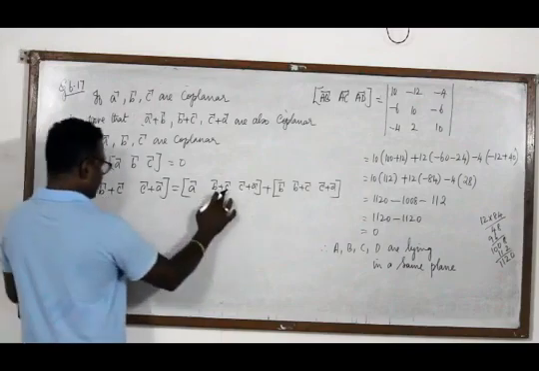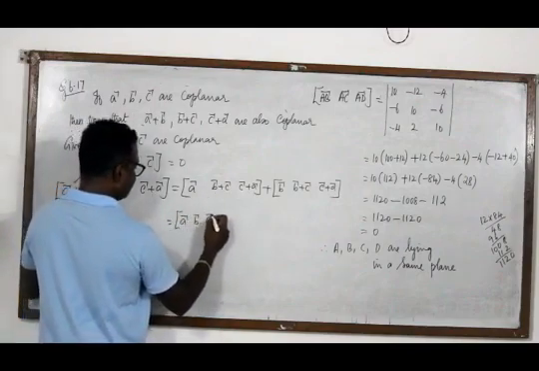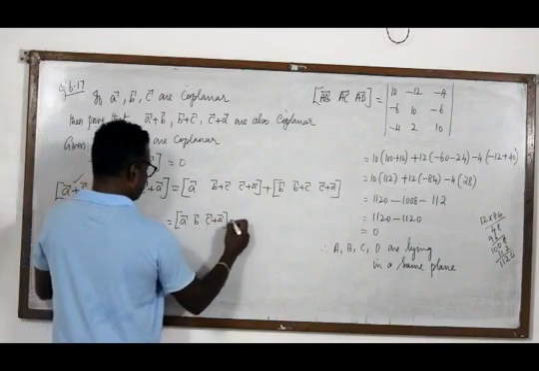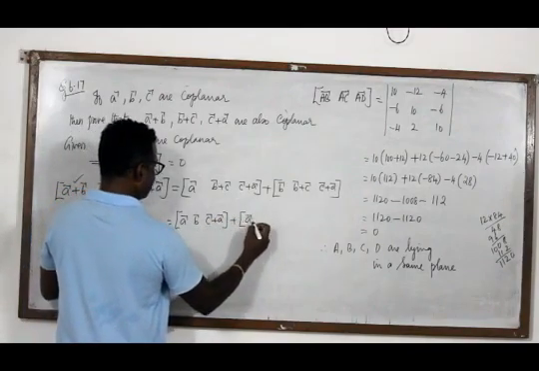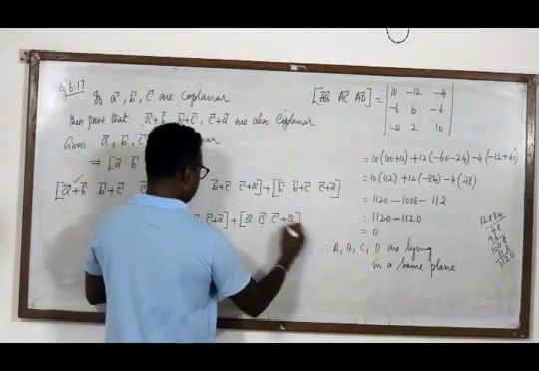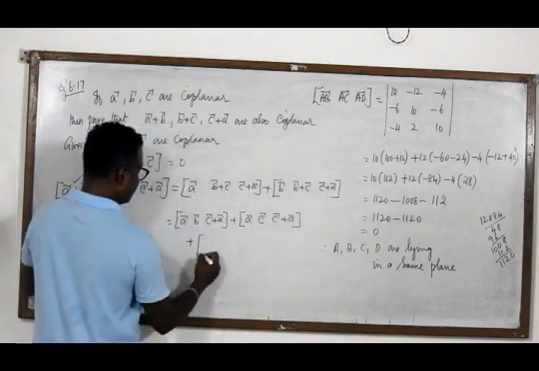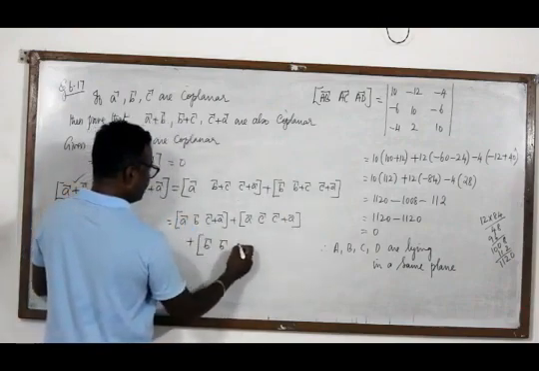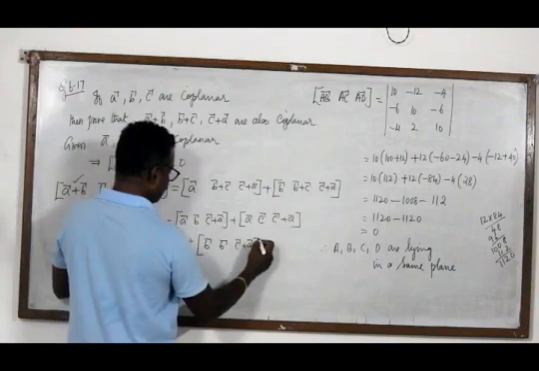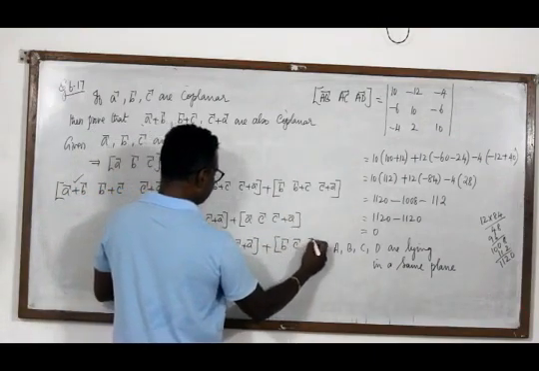Now take this B plus C alone. So it is A, B, C plus A, plus A, C, C plus A. Correct? Now take this one: plus B, B, C plus A, plus B, C, C plus A.